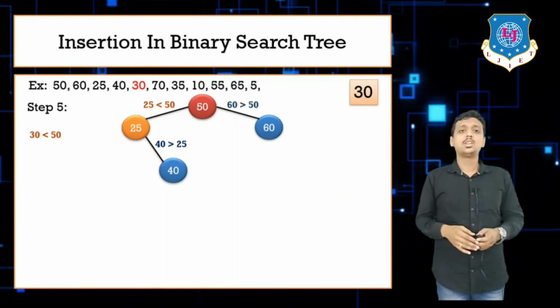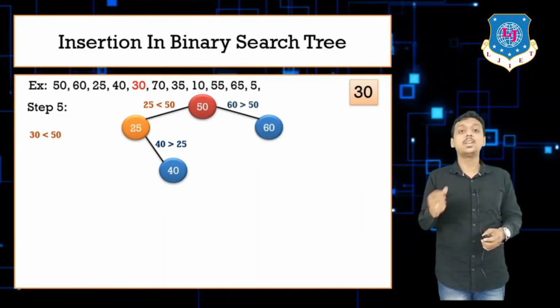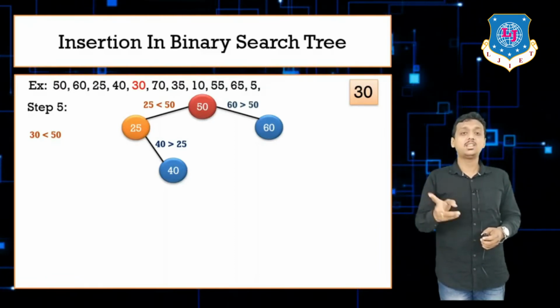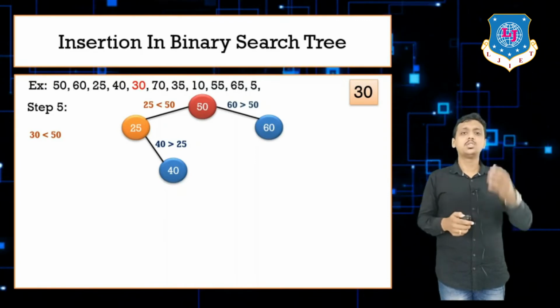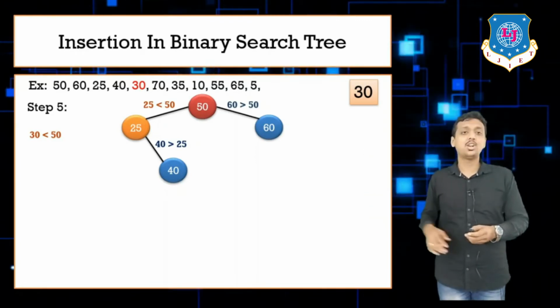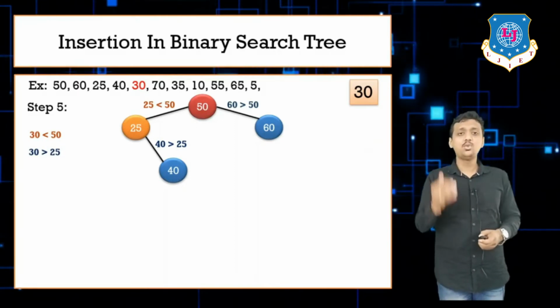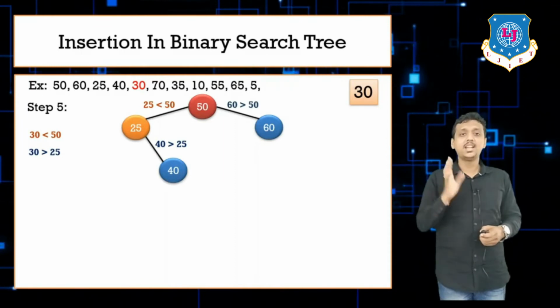Now on the left side of 50 we have 25. So now compare 30 with 25. Obviously 30 is greater than 25, so move towards the right side of 25. On the right side of 25, students, you found 40. Now compare again 30 with 40.